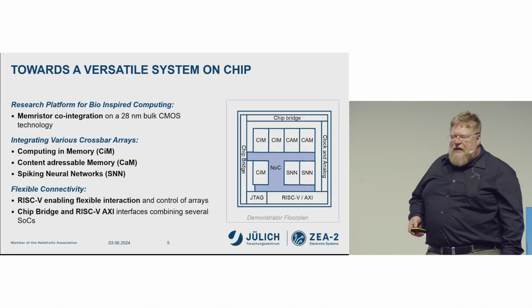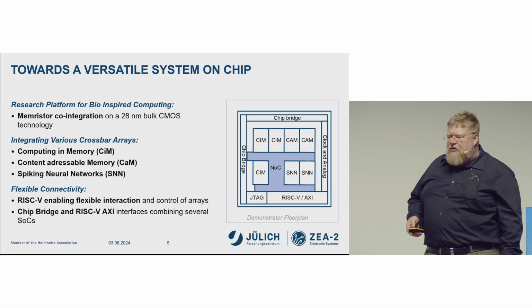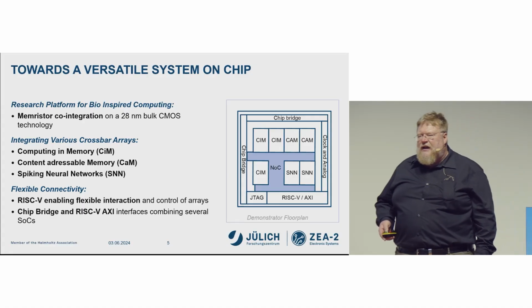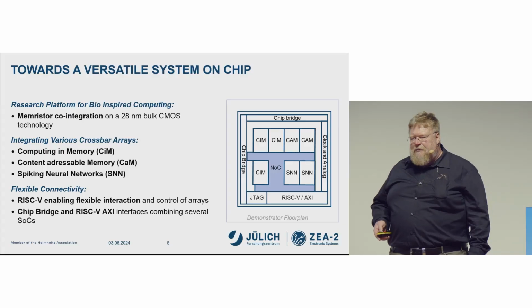The demonstrator is a memristor co-integration based on a 28-nanometer bulk CMOS technology, and it integrates various crossbar arrays like computing and memory, content addressable memory, and spiking neural networks on one chip. There's very flexible connectivity in this architecture. In turn, there's a RISC-V enabling flexible interaction and control of the different arrays.